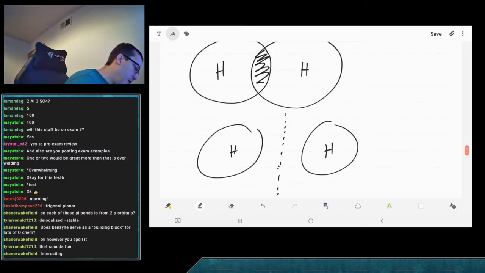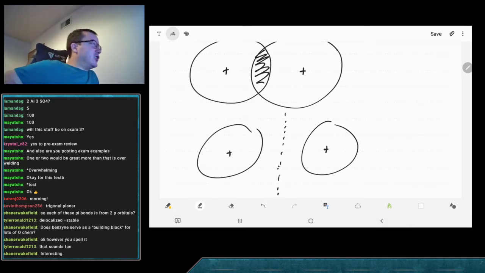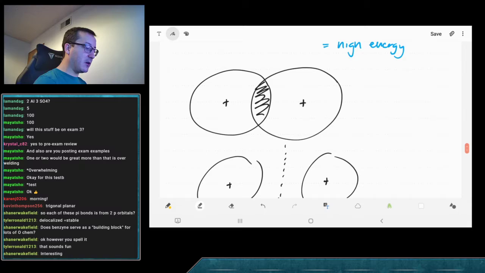Consider you have a positive bit in the center. That's your nucleus, right? If you were an electron and you could be anywhere, you'd probably want to be in this overlap region, because you get to feel the positive, happy effects of both nuclei.